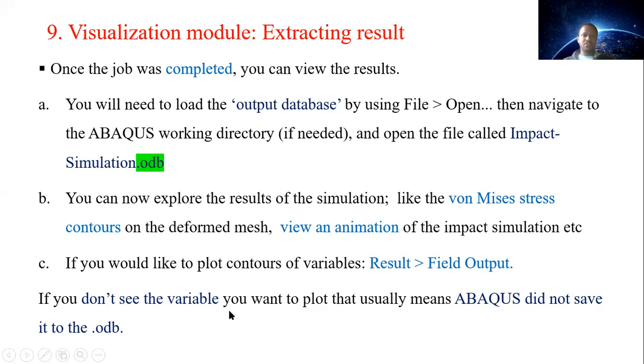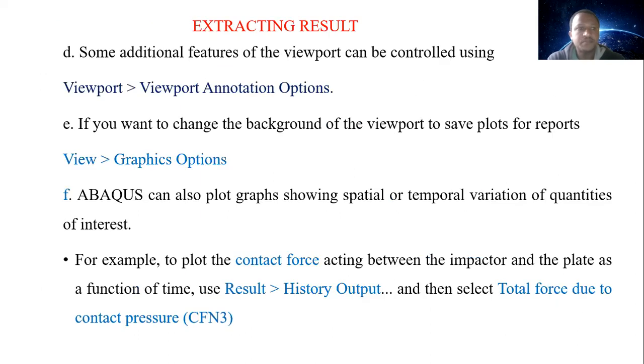If you don't see the variables that you want to plot, that usually means Abaqus didn't write them to the ODB. That means you didn't select the proper output at the step module. So you have to go back and select the output.